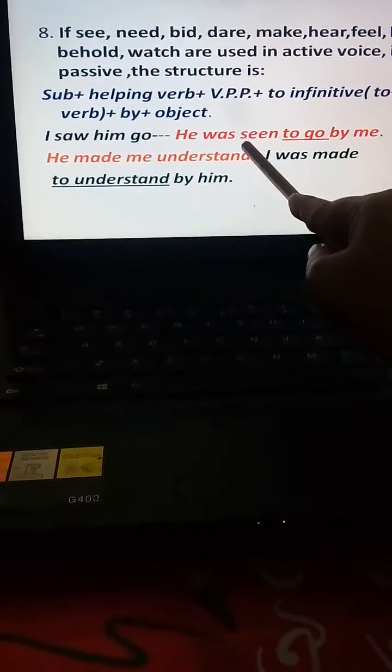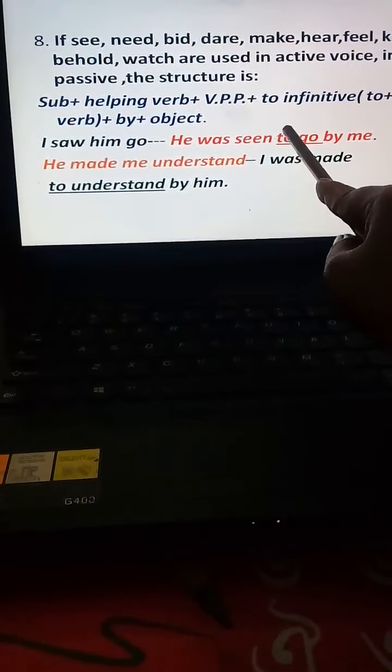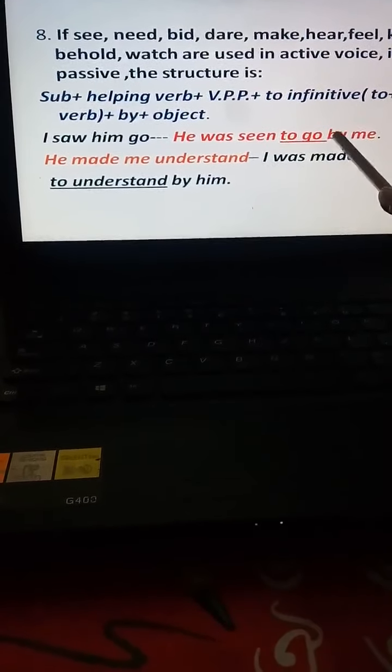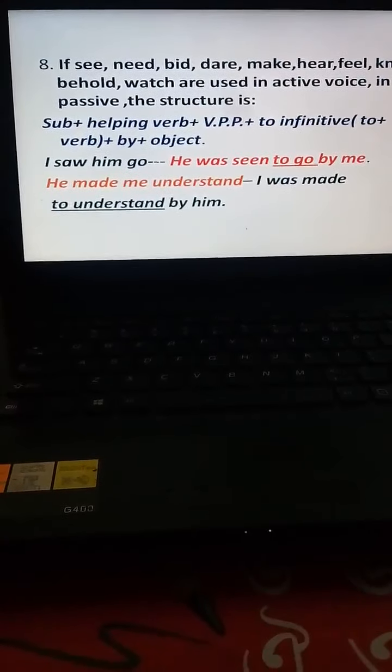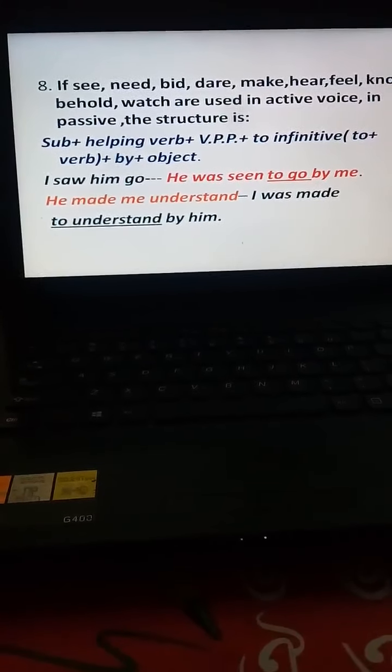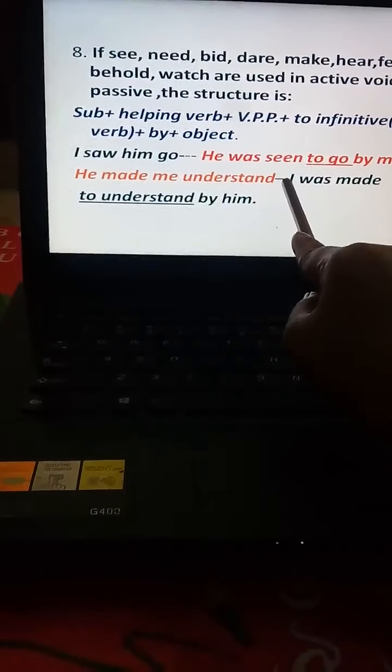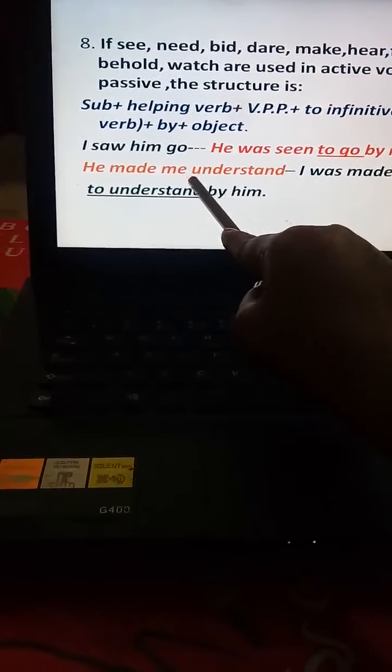That means after using the past participle form of the main verb, you should write down the to infinitive, to go. By me: he was seen to go by me. The next one is, he made me understand. I was made to understand by him.